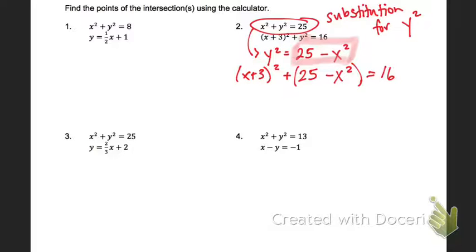And from there, you'll want to FOIL everything out and refactor to get the x by itself, or get the solution. So if I were to expand the first equation, it would become x squared plus 6x plus 9, plus 25 minus x squared equals 16.